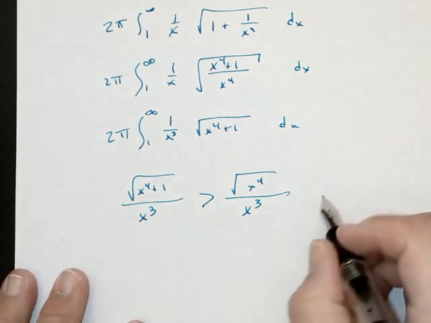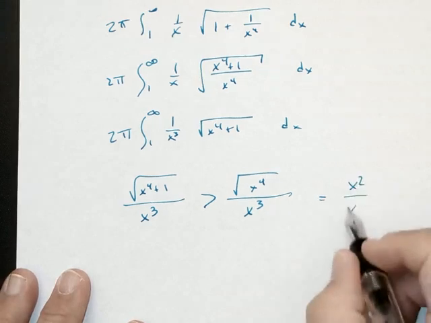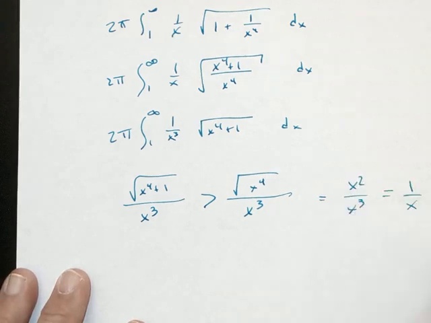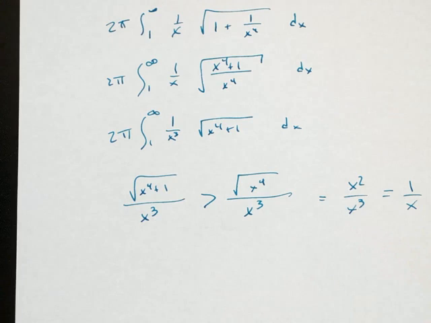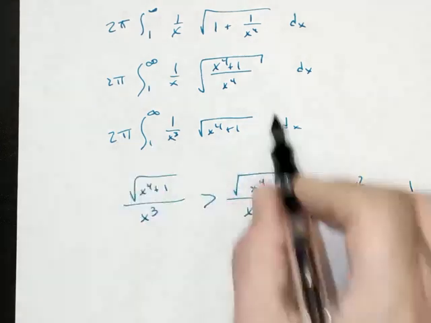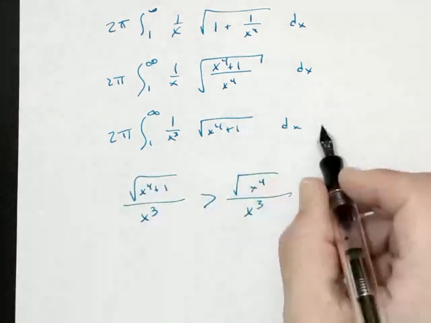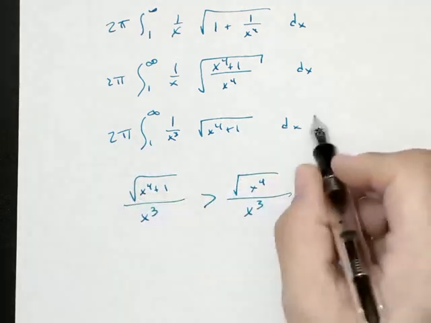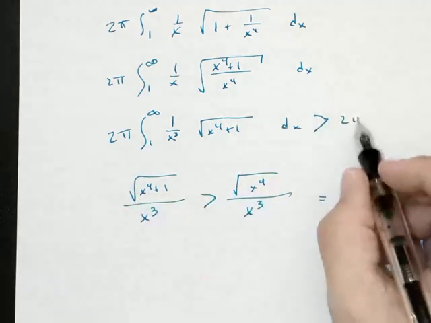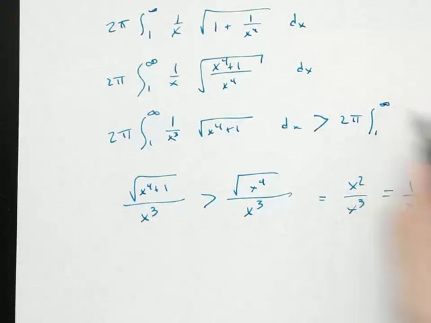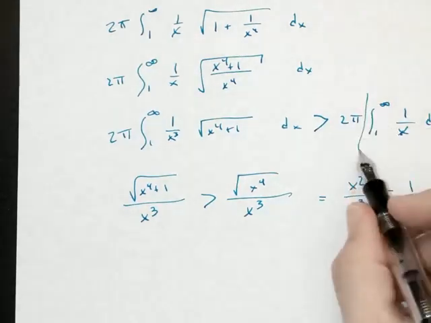What's square root of x to the 4th? Leo just said that x squared. X squared over x cubed. Wait a minute, that's just 1 over x. That means that this integral is bigger than 2 pi integral from 1 to infinity, 1 over x dx.